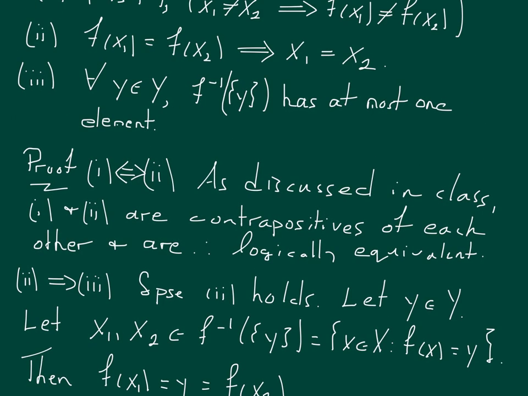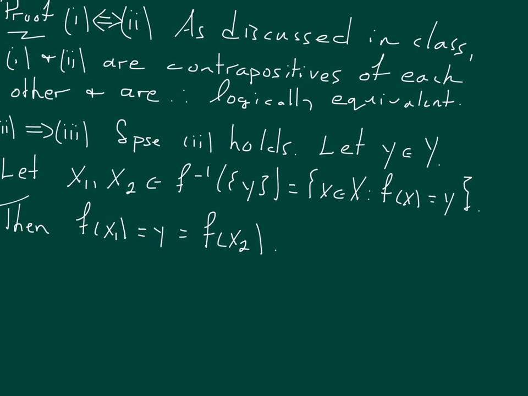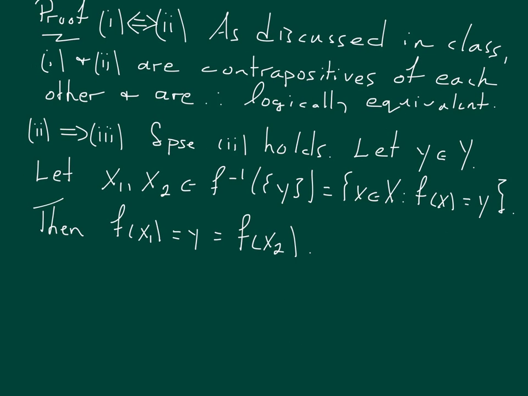Again, statement 2 says exactly that if f(x1) and f(x2) are the same, then x1 is x2. So, in this case, we get to conclude that x1 is equal to x2. So, from 2, x1 equals x2 as needed.